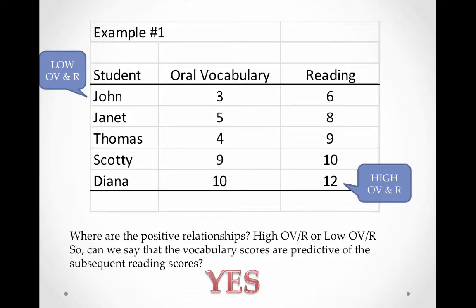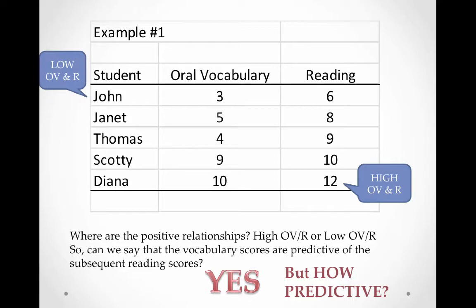So can we say that vocabulary scores are predictive of subsequent reading scores? Yes. But how predictive? With R squared, the coefficient of determination, you're really moving from just saying that there's an association to actually predicting.